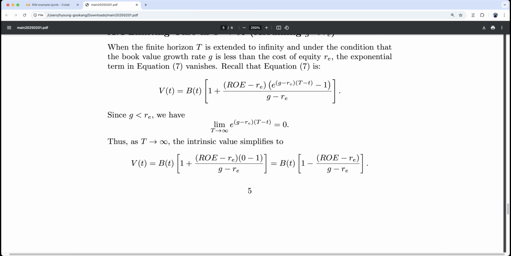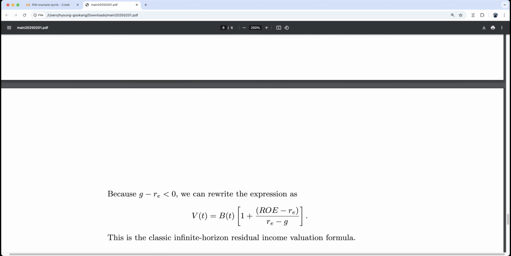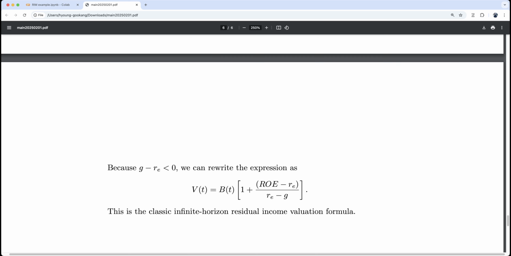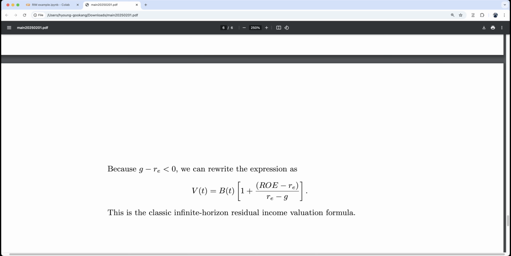Because g is less than r_e, we can rewrite the expression as this one. So V_t is B_t times (1 plus (ROE minus r_e) over (r_e minus g)). If you divide each side by B_t, then it is the price to book ratio, and you can see what determines the price to book ratio. If the price to book ratio is very low, it means that ROE is either very low, or the cost of equity in the denominator is very high.